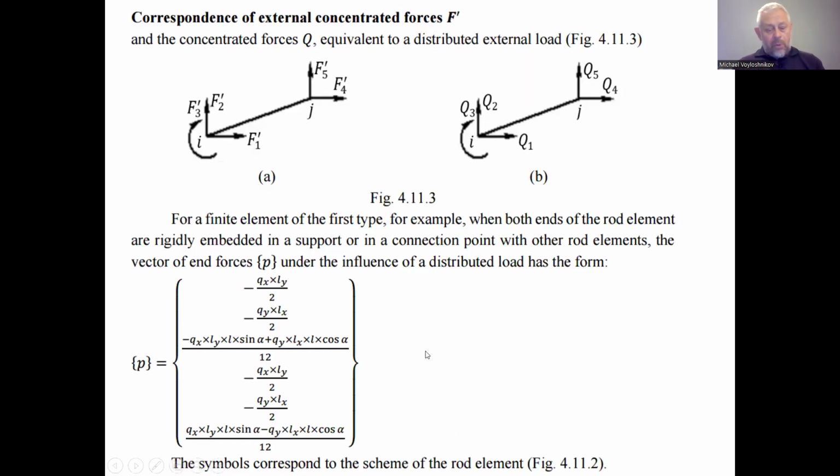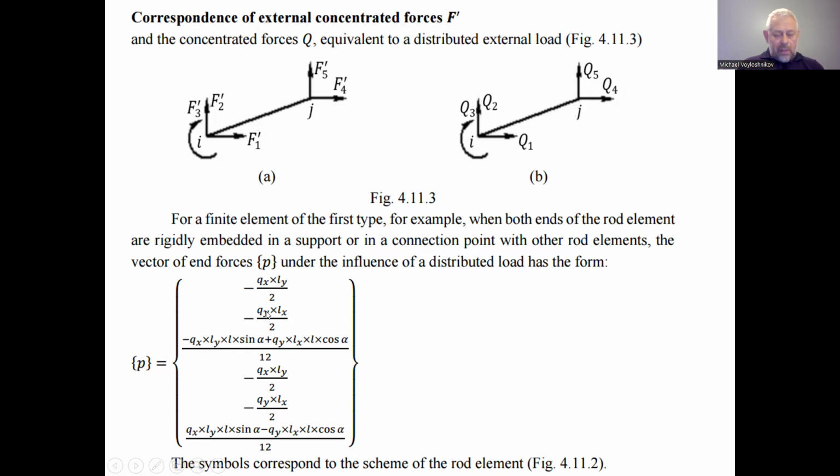And we have the formula. The formula is very easy, understandable. Distributed load multiplied by the horizontal component of the length of the action, divided by 2. This is the force at the first end, the horizontal force, because of the distributed load with index x.